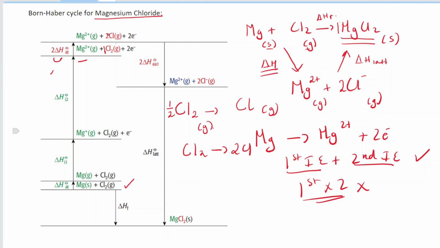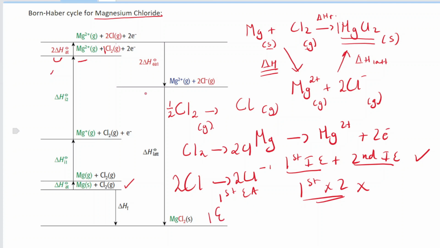Now when you form the 2Cl, then again it has to gain 1 electron, right? So the chlorine has to become Cl-. So this is the first electron affinity, but you have two of them. Both the chlorines have become 2Cl-. So this will be 2 times the first electron affinity. This time we don't do the first electron affinity plus the second one.